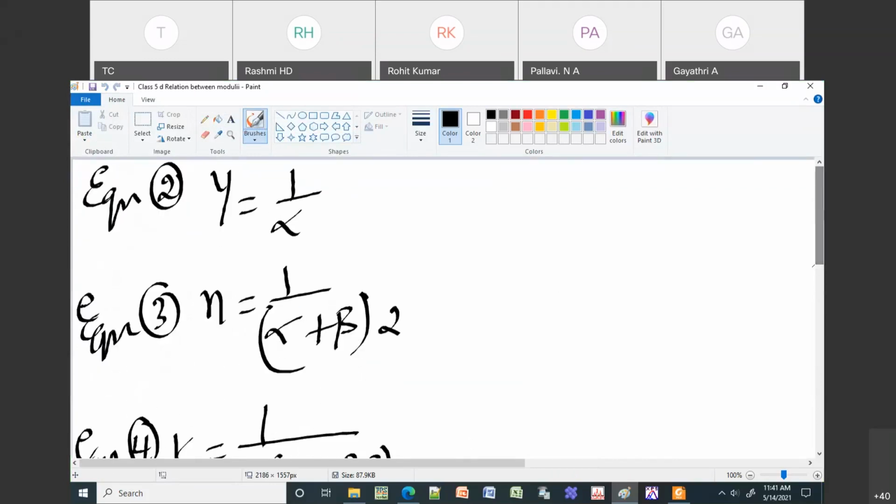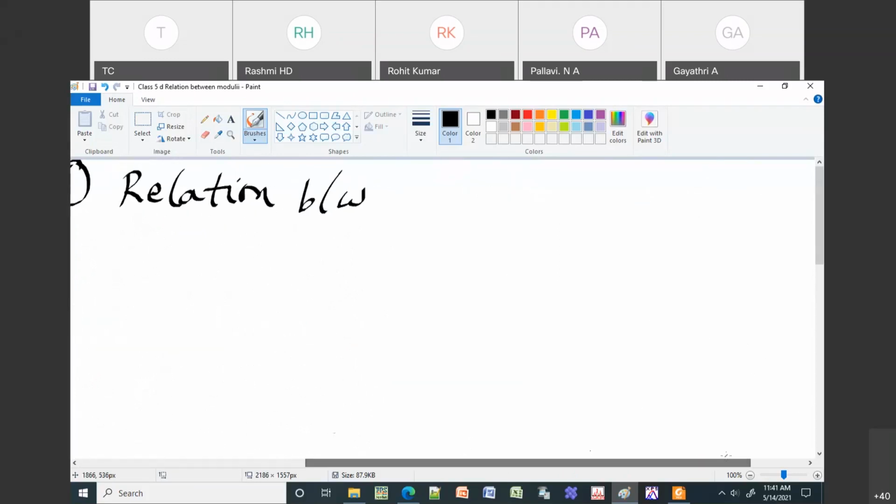So I need all the three moduli: Young's modulus, rigidity modulus, and bulk modulus. I want a relation between all the three.